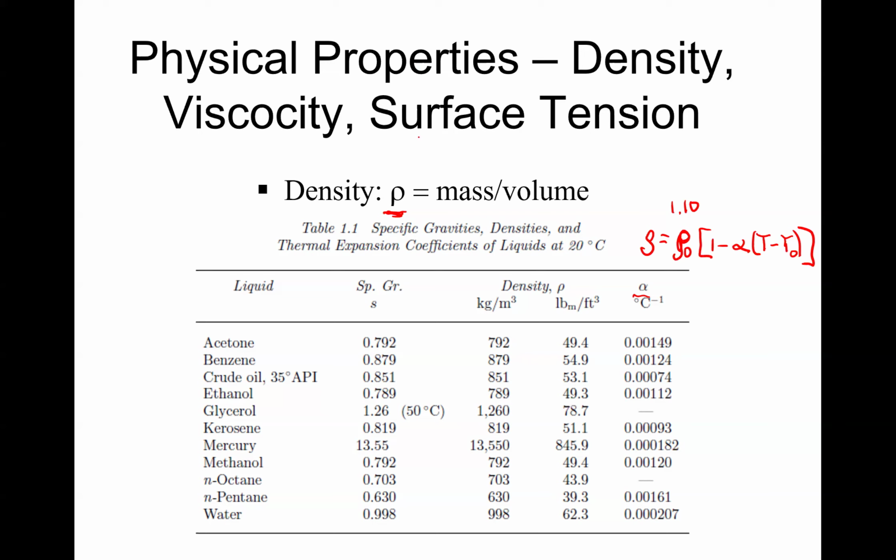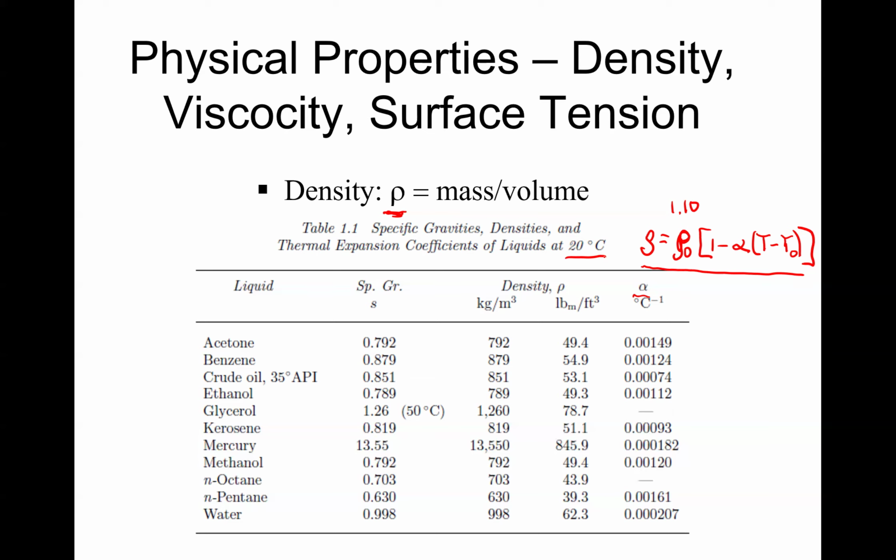The equation that we use in our book, which is Fluid Mechanics for Chemical Engineers by James Wilkes, is the equation given here, where the density at any temperature is equal to a reference density, which we typically take at 20 degrees Celsius because that's what we have in our table here, multiplied by that modifier, 1 minus alpha (T minus T0).